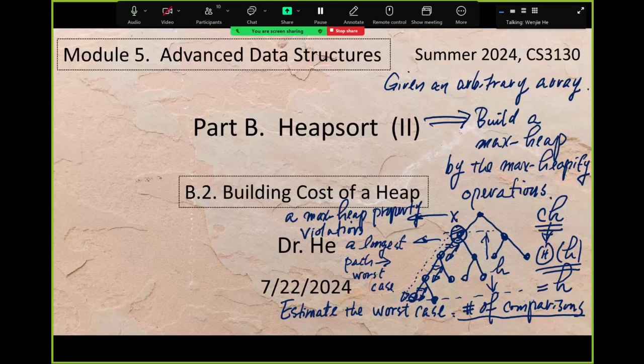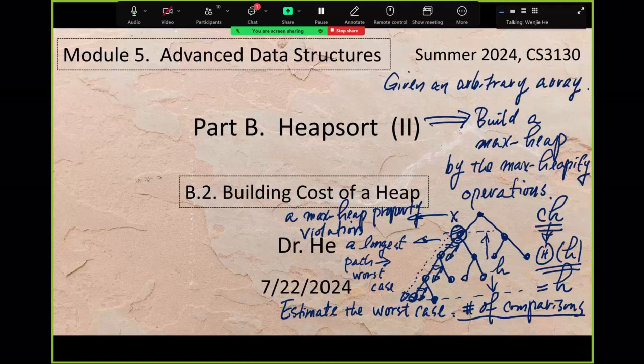So our building cost accumulates all the max heapify fixing cost, the total fixing cost from all the possible dirty nodes. It's possible all the nodes are dirty, so we need to fix all of them. That's our final building cost.